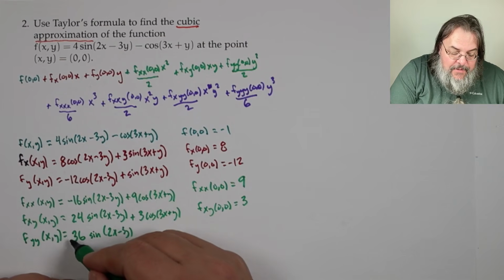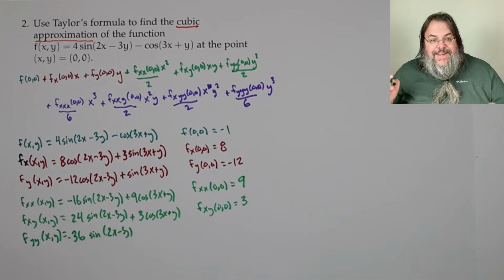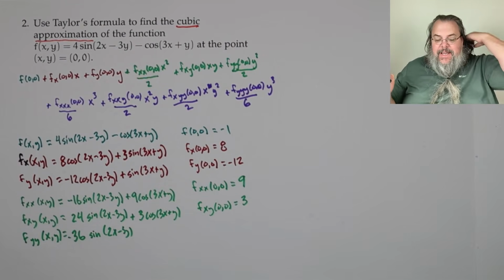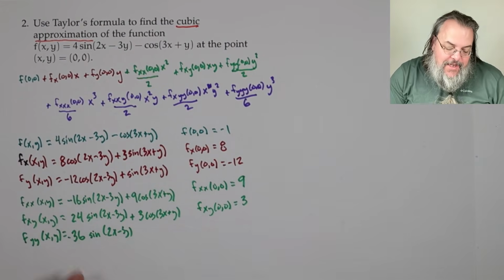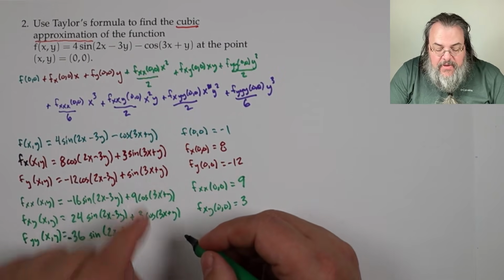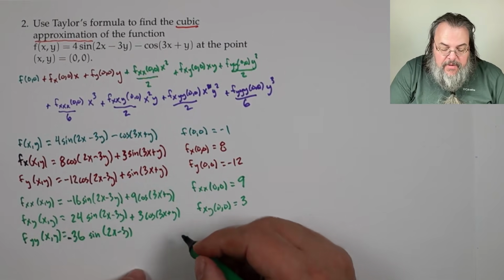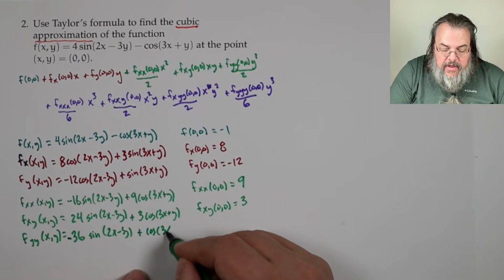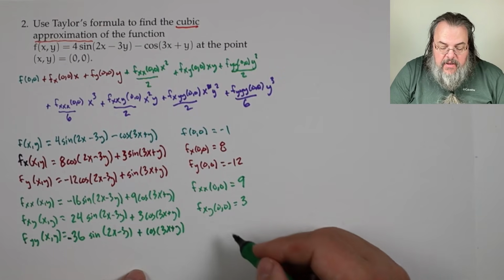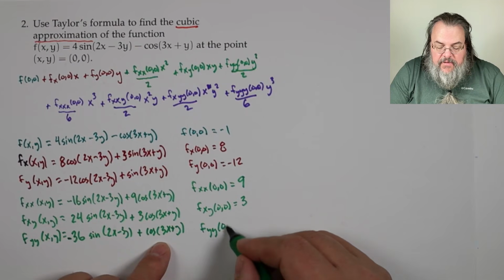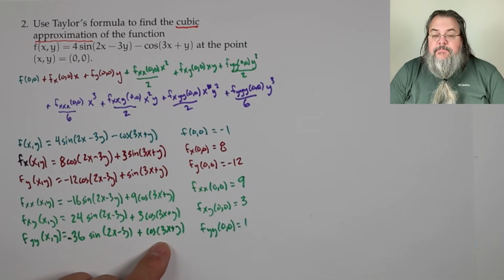Except, I forgot my minus sign. Negative 36 sine. Oh my gosh, that's so many negatives. But yeah, there's a negative there. All right. Derivative of sine is cosine, and a 1 comes out, so we get a plus a cosine(3x plus y). And what's the coefficient? f_yy of (0,0) is 1.